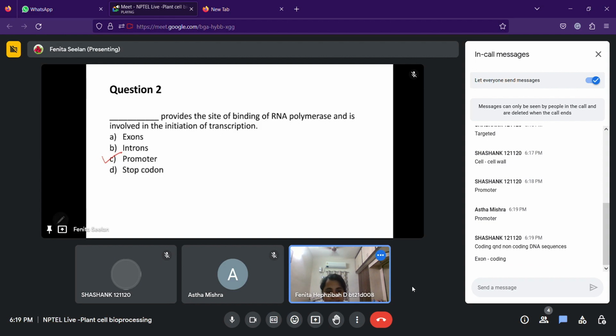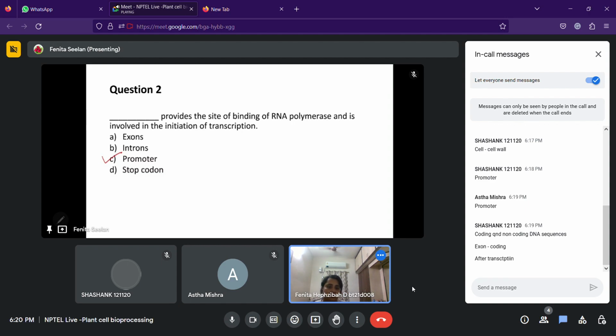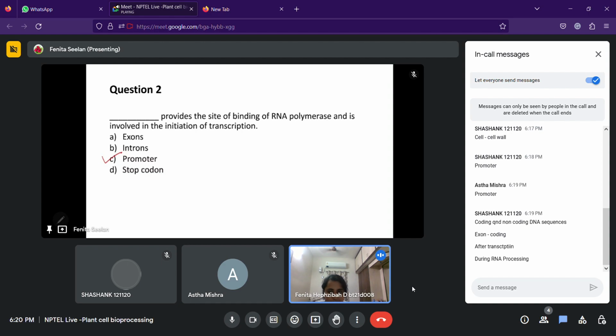These introns will be spliced during which process? After transcription or before transcription? After transcription, it will be spliced. Yes, during RNA processing, right, Shashank? You're right.